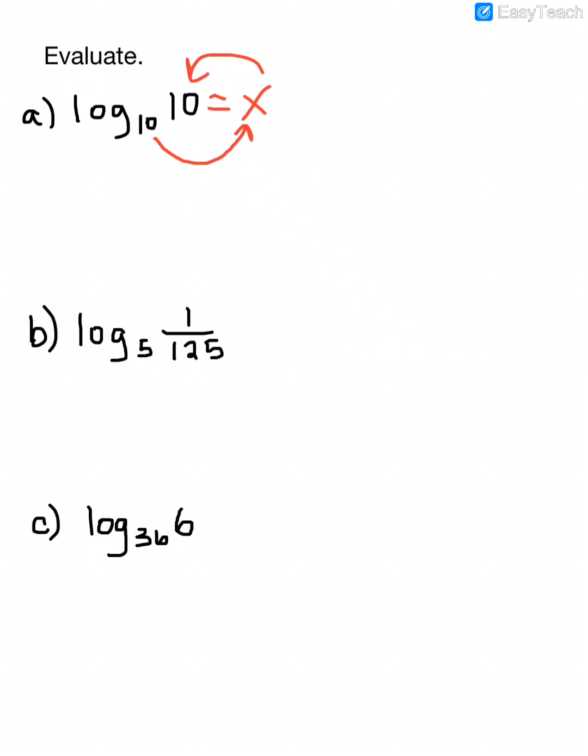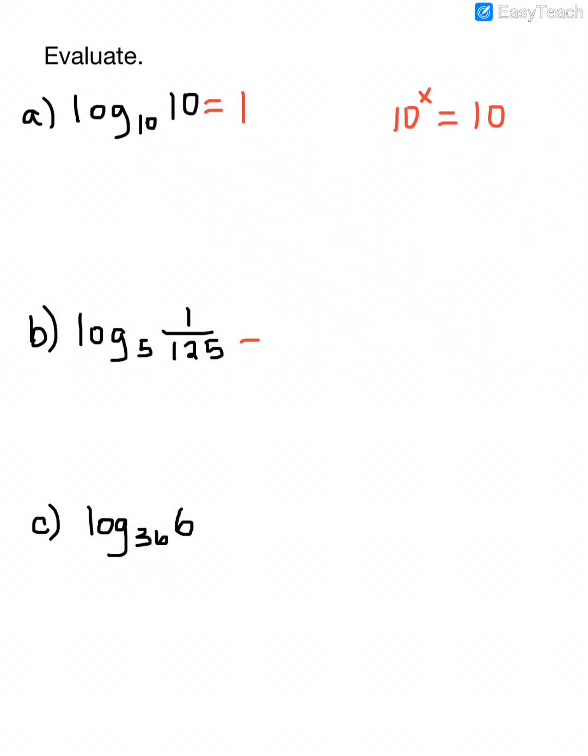If we were to write this in the exponential form, we're saying 10 to what power equals 10? If we can answer that question, that's going to be what our logarithm is equal to. What power can we raise 10 to get 10? We know that anything raised to the 1 power equals itself. So this equals 1.